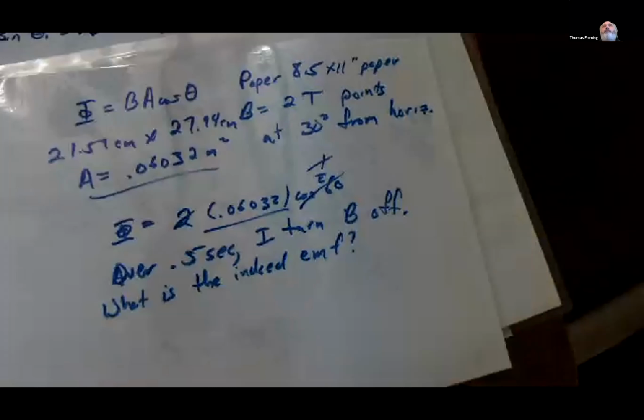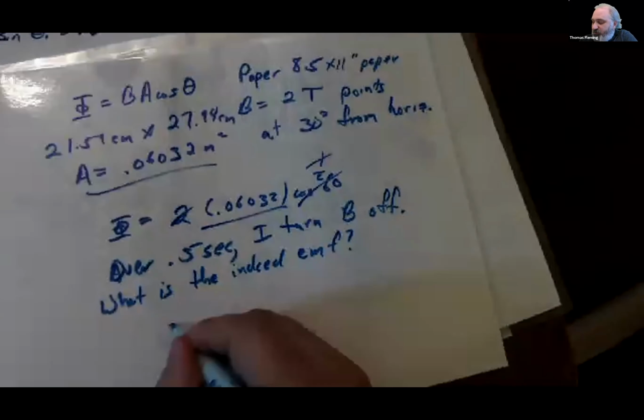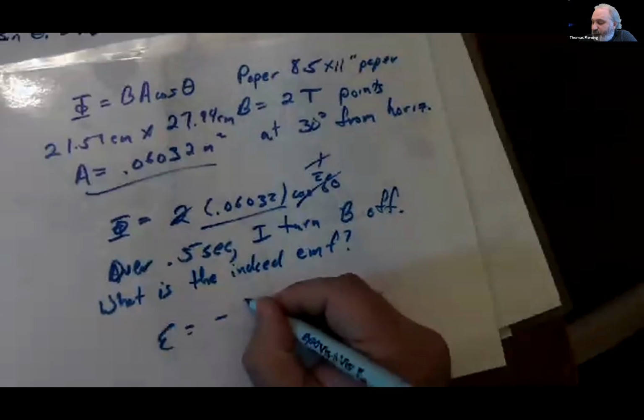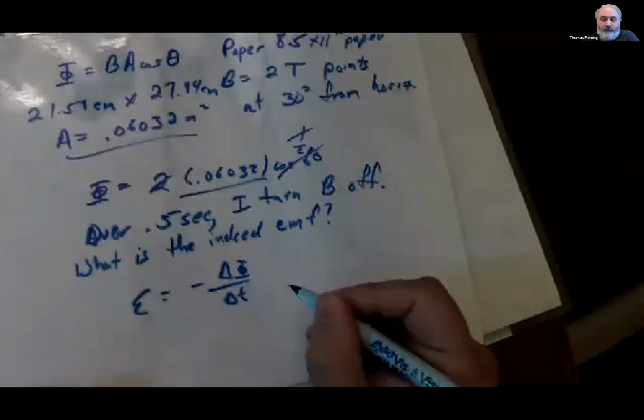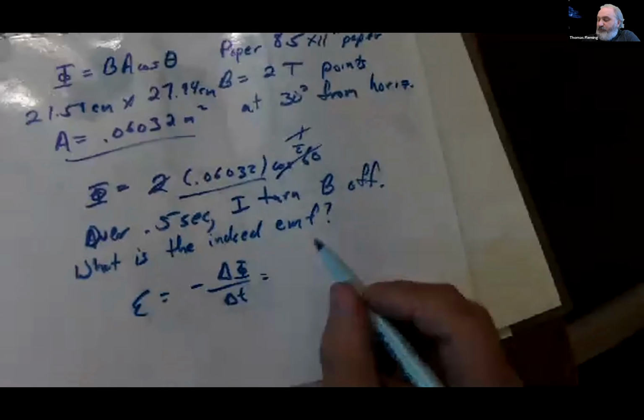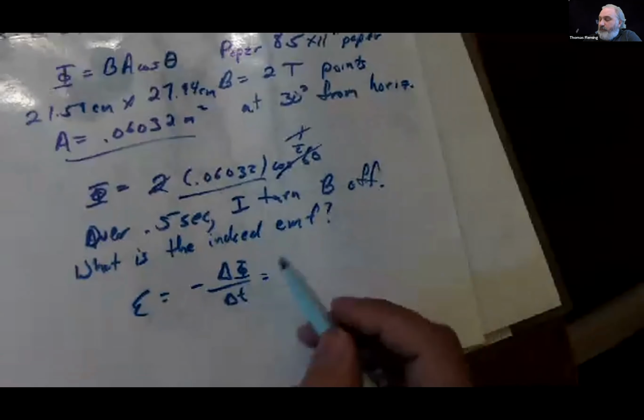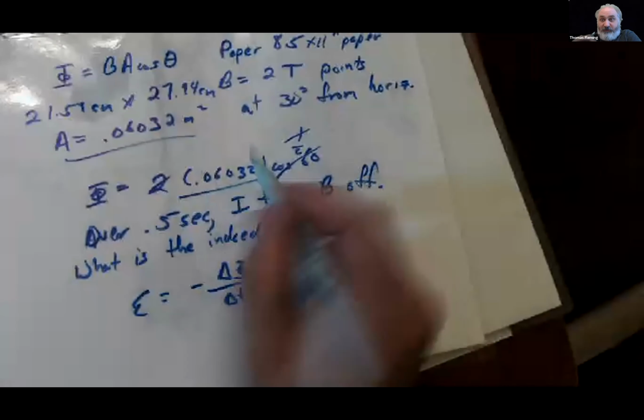Well, this is where I usually ignore minus signs and think about direction for a second, because on your exam you're going to have to not just say plus or minus, you're going to have to tell me what direction it is. So I do know that my induced EMF is going to equal negative delta phi over delta t, right? And phi is going to go from being this before to being 0 after.